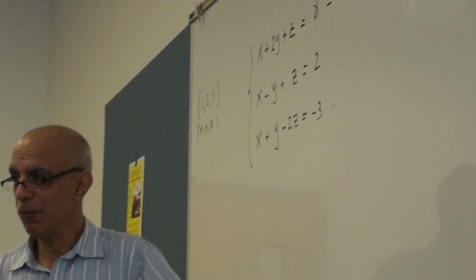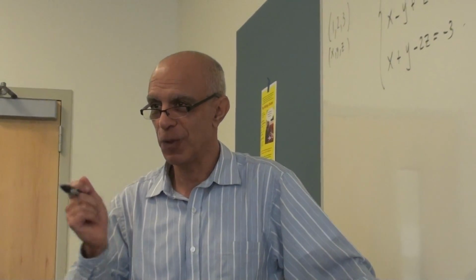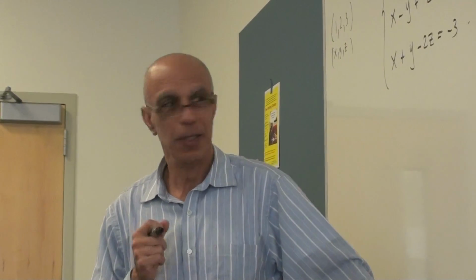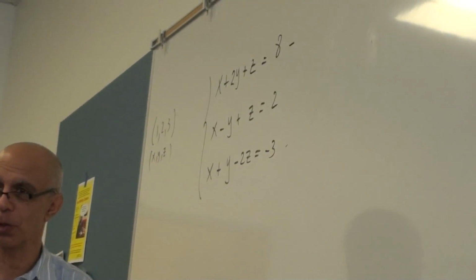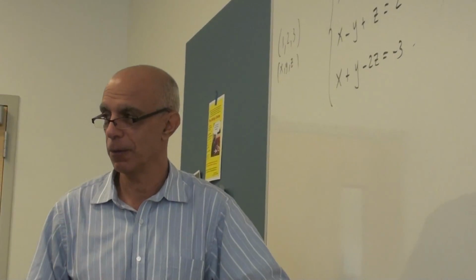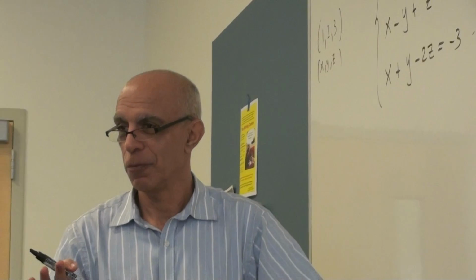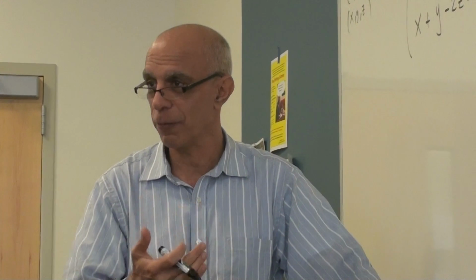So my advice for you is that if this is on the final, if they ask you to solve this either by substitution or Cramer's rule on the final, leave this question for the end, okay? Because it's going to require a lot of energy and a lot of time.